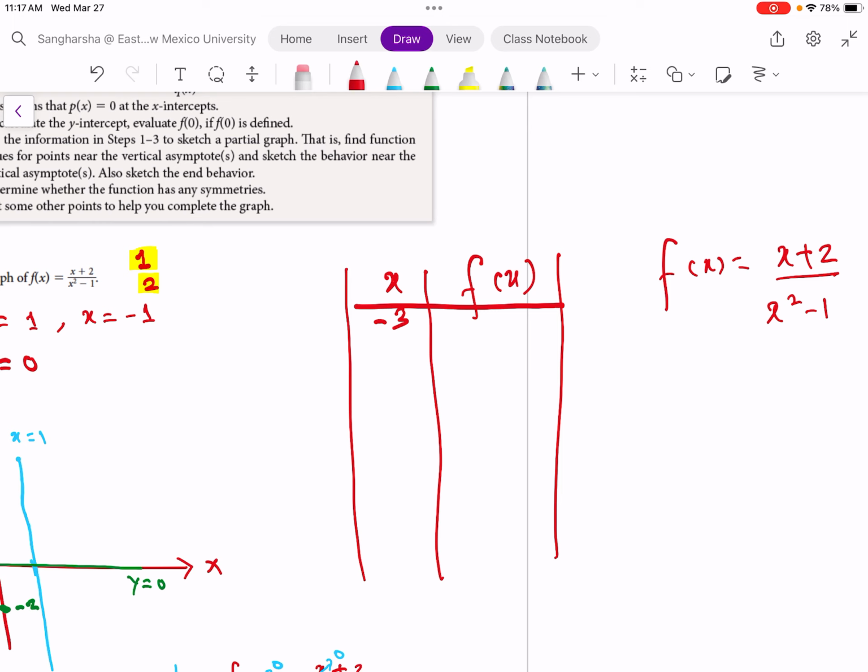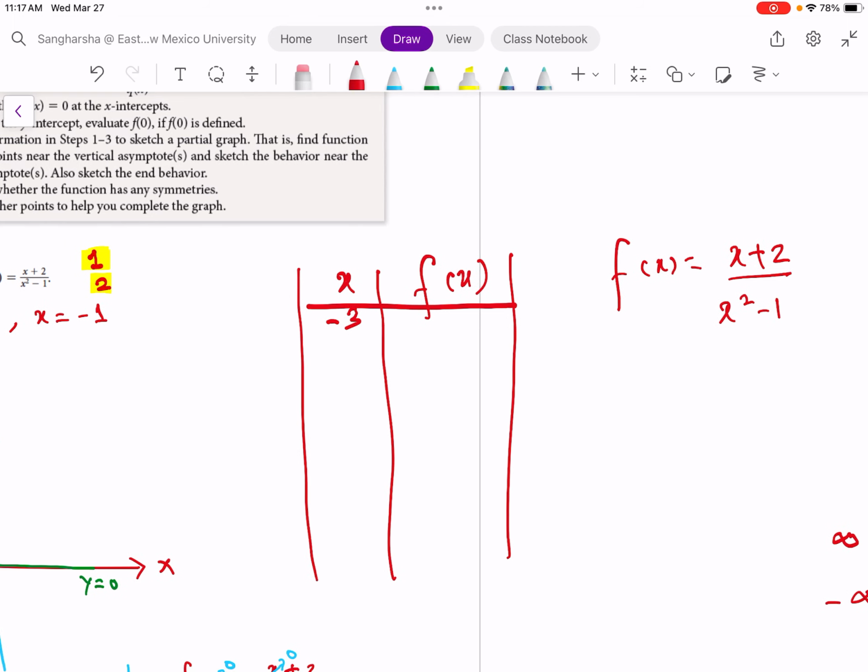So we substitute -3 for every x. -3 plus 2 is -1, divided by -3 squared, which is positive 9. 9 minus 1 is 8. So we have -1 divided by 8. Can anyone help me, what is -1 divided by 8? Negative 0.125.